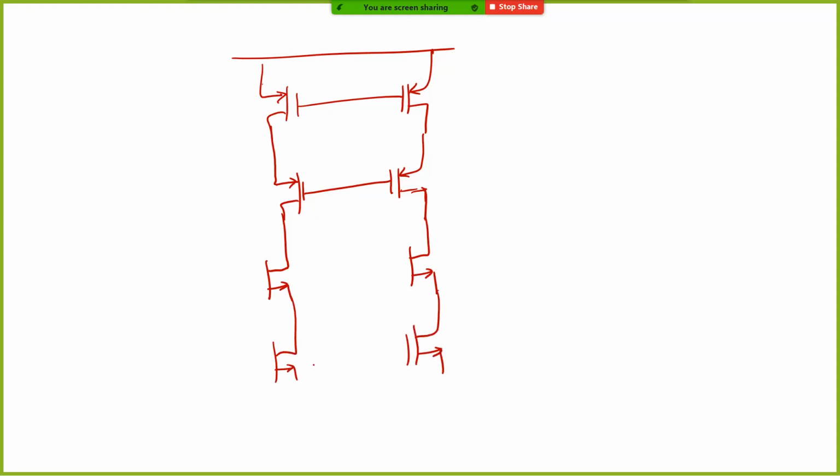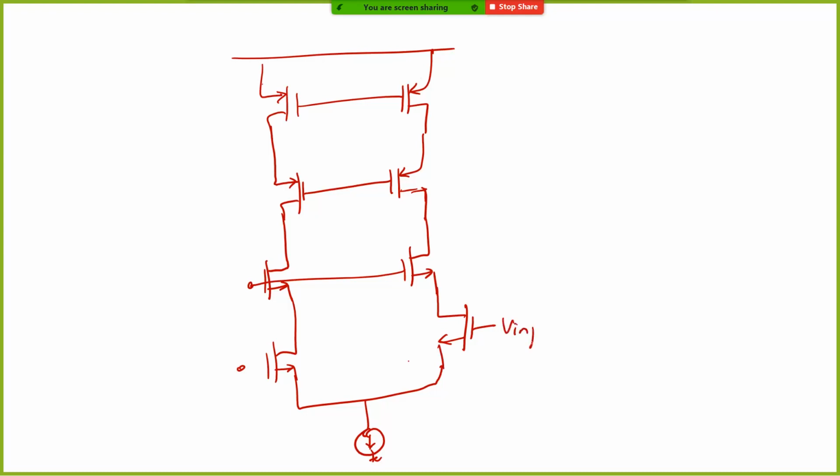I'm just drawing a telescopic cascode OTA, and well, you don't connect these two together. This is your V in M, and this is your V in P.